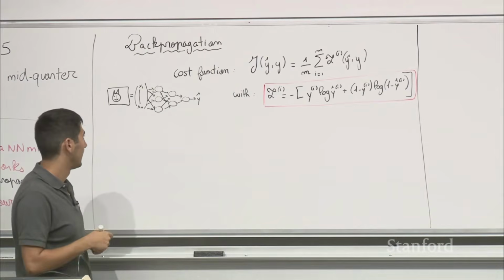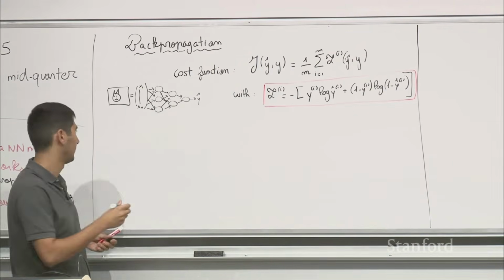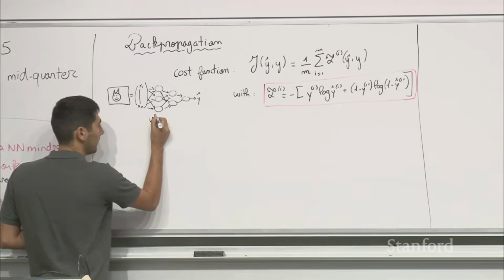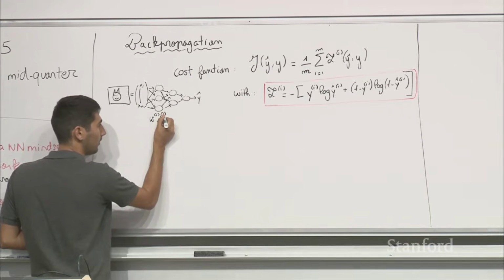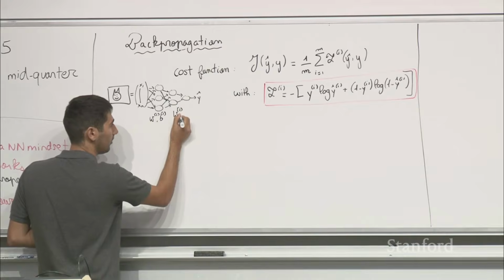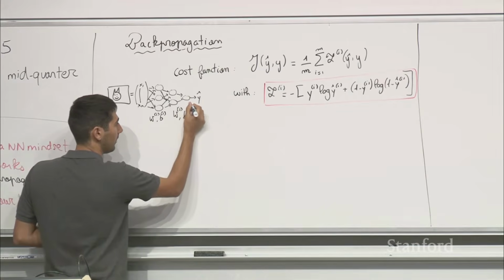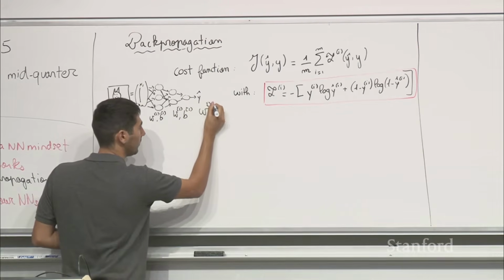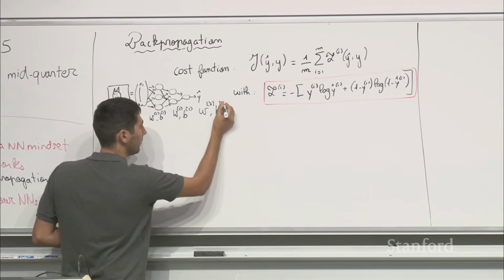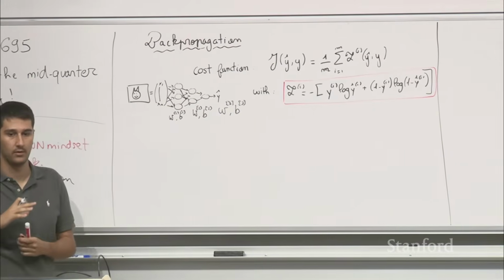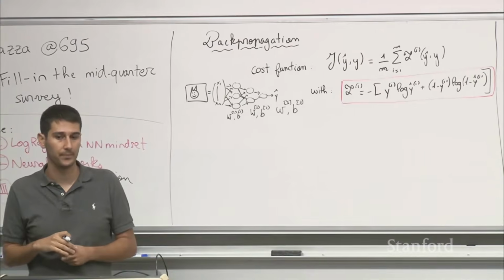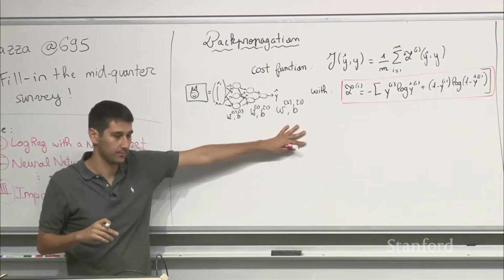And what we said is that this network has many parameters. The first layer has W1, B1. The second layer has W2, B2. And the third layer has W3, B3, where the square bracket denotes the layer. And we have to train all these parameters.